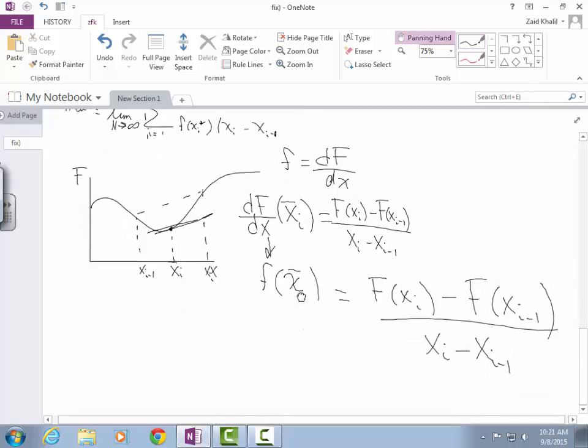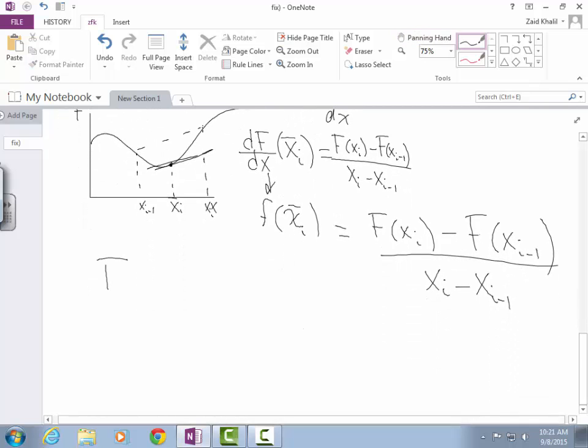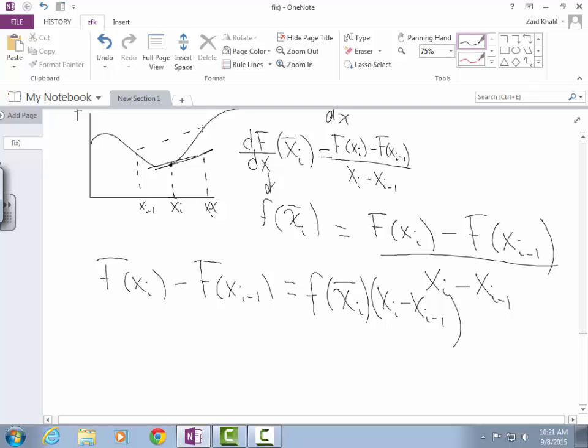What we have is then that f of xi minus f of xi minus 1 is equal to... but that should look familiar to you guys. What does that look like? That's the area, or similar to the area under that summation. Wait, that's weird.